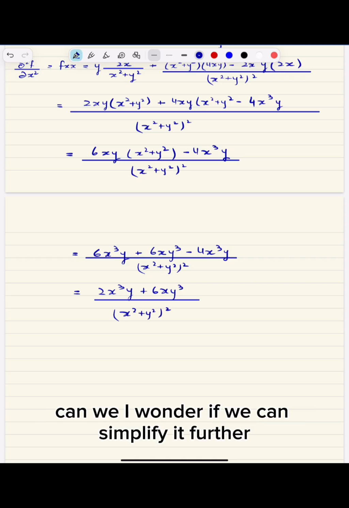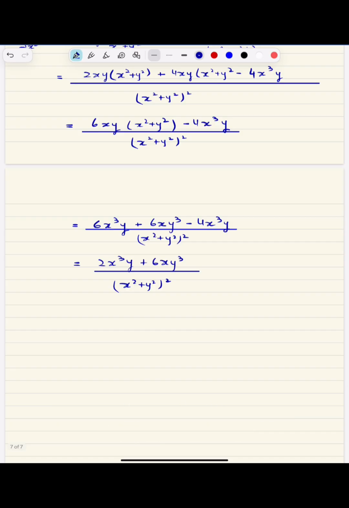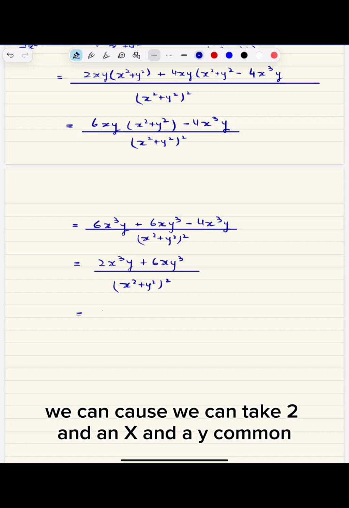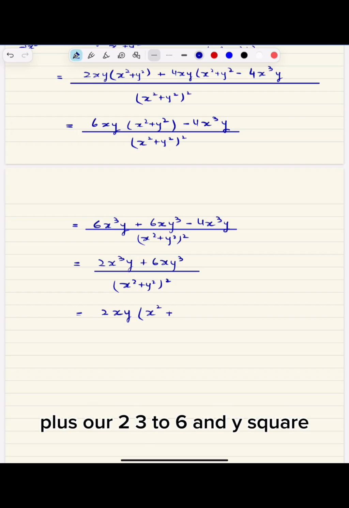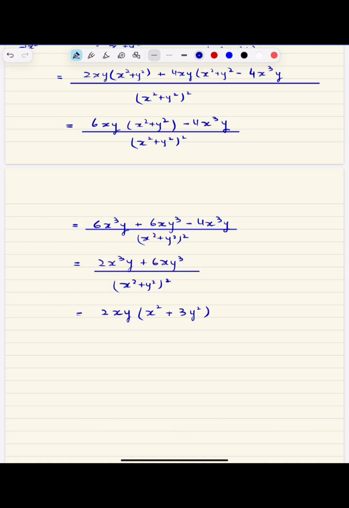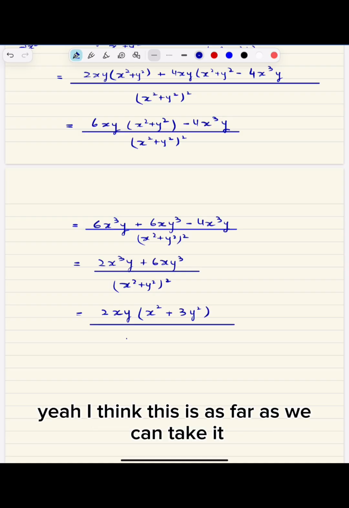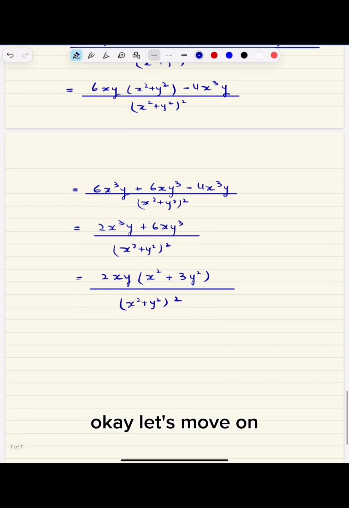I wonder if we can simplify it further. We can, because we can take an x and a y common. So I will be left with x² plus 3y², times 2. I think this is as far as we can take it. Okay, let's move on.